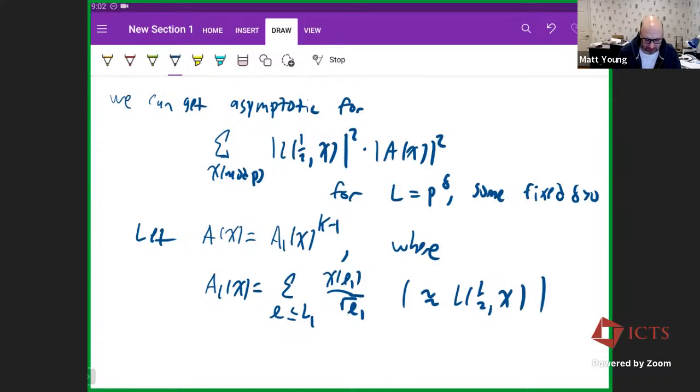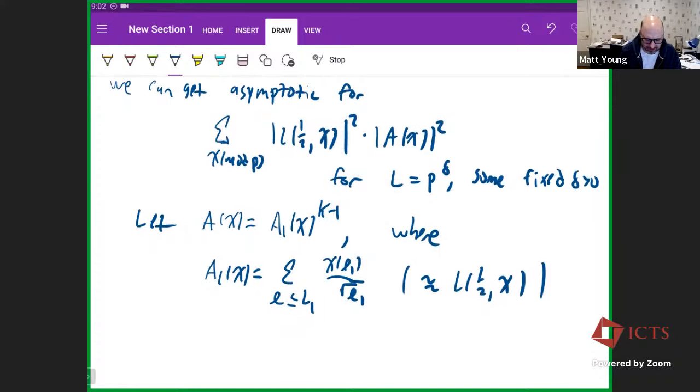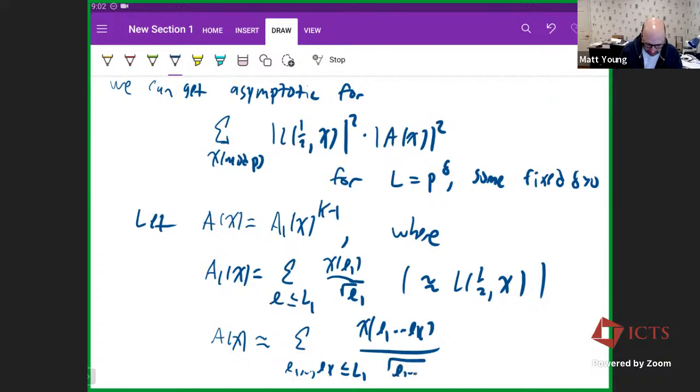And then when you take the k minus 1th power of it, then A of chi is kind of like, you take the kth power of it, this is a sum over all the variables, L1 up to L sub k, each of them goes up to capital L1, chi of L1 up through Lk over square root of L1 up to Lk.